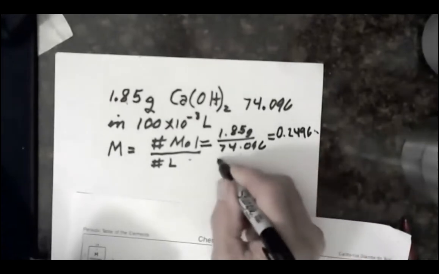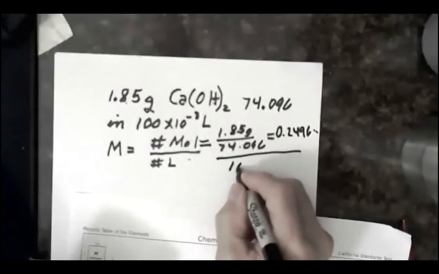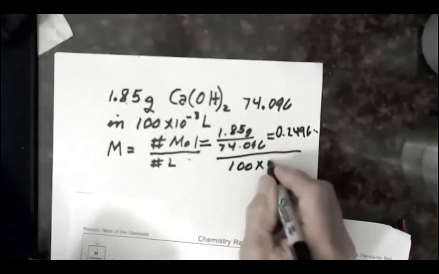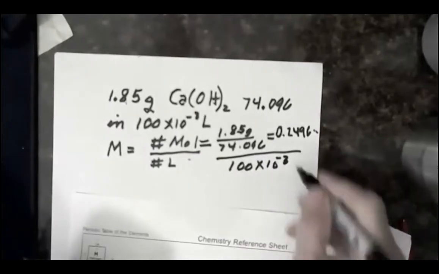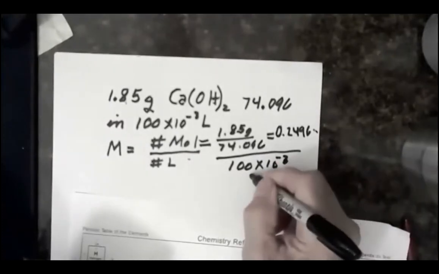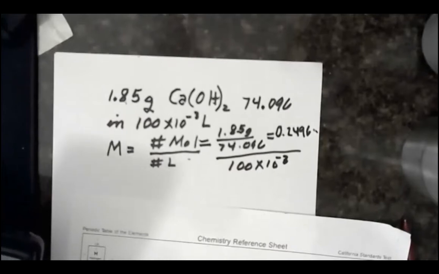Now I want to divide this by the number of liters. That was 100 times 10 to the -3. So I'm going to take the answer that I've got and divide by this number here. So I want to divide by 100 with an exponent of 3. No, it's minus 3.